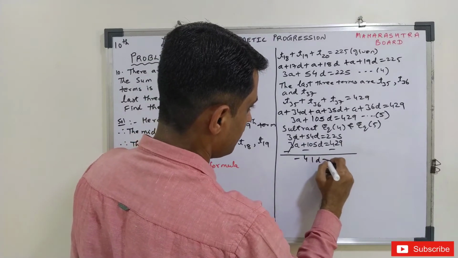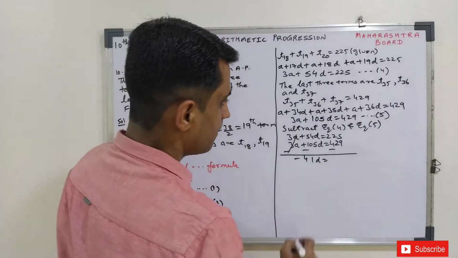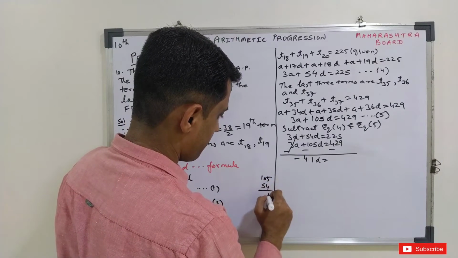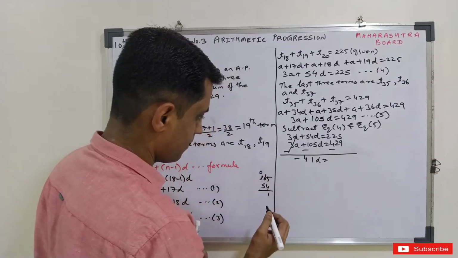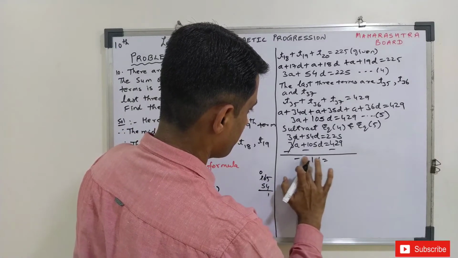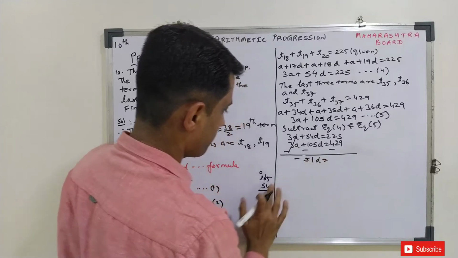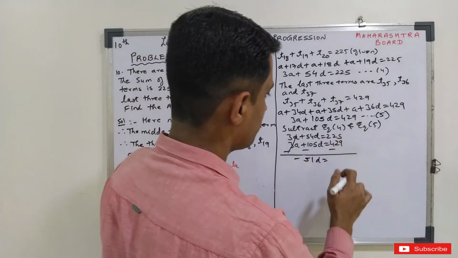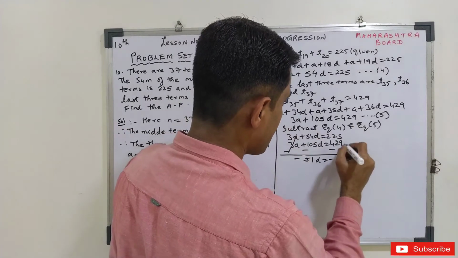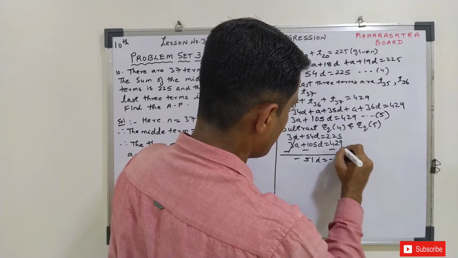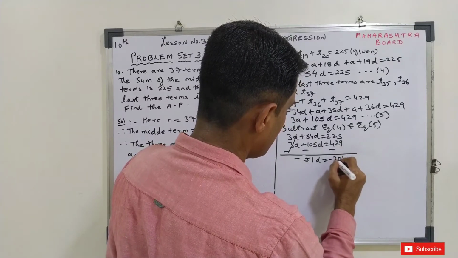Minus 41D is equal to. Ten minus 5, 5 will come. Now here, subtract this. 9 minus 5, 4. 2 minus 2, 0. 204.